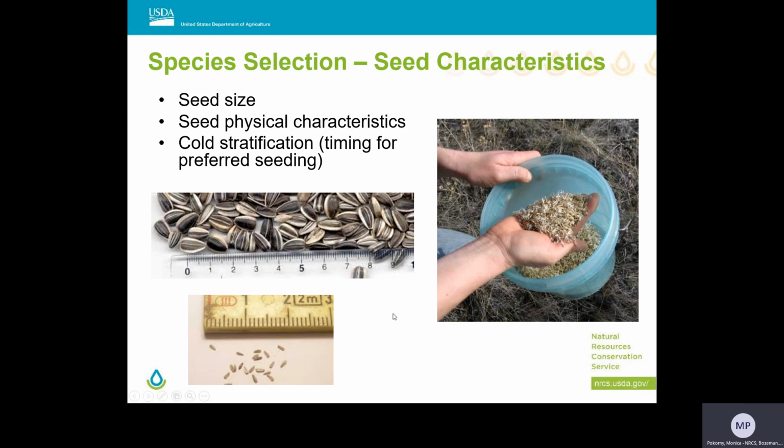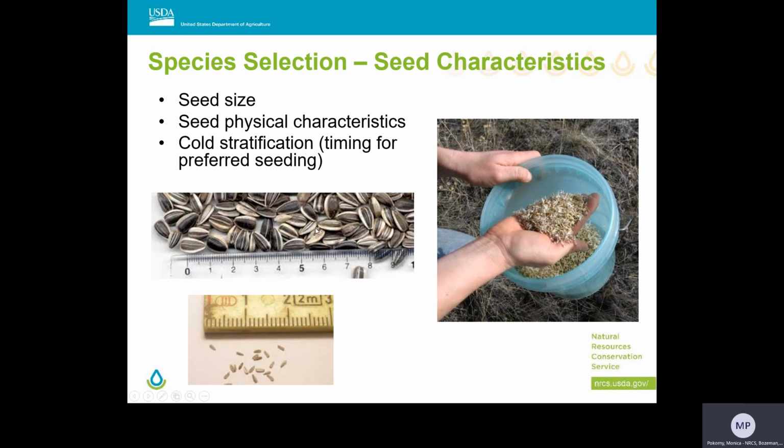If you have a very large seed like a sunflower and you want to seed it with another seed like a prairie coneflower that has a very small seed, you need to be aware that you're including species that might need to be seeded at a different depth.